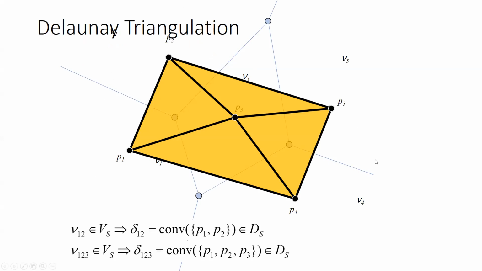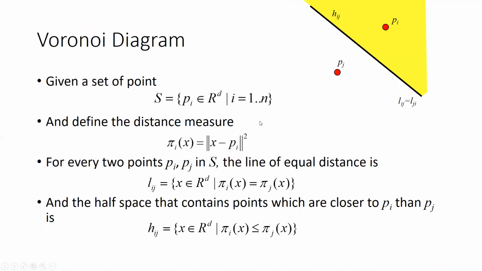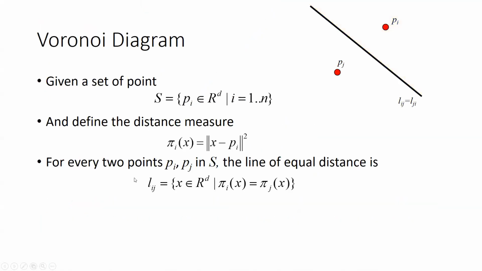And actually, we can extend all this into 3D. The only thing different is when you do this construction, go back to here, this Lij, when I define in a two-dimensional space, this is a line. Because between 2 points, the point set that have a common distance between these two is one single straight line.